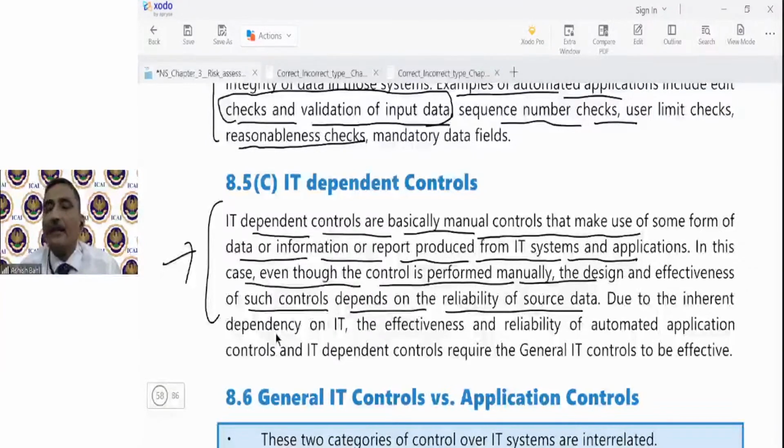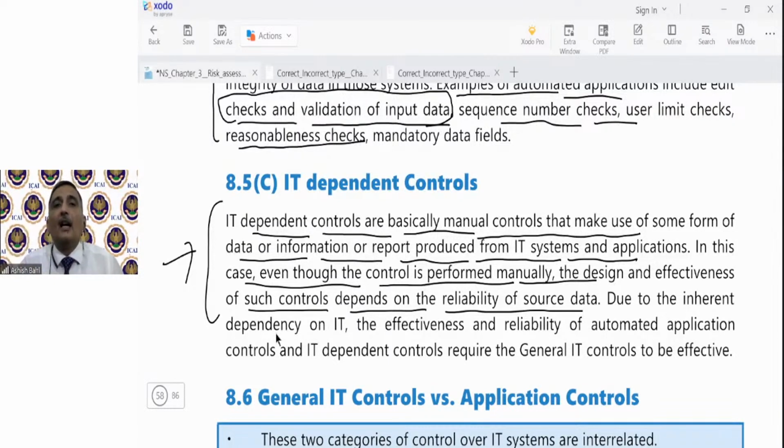And number three is IT dependent controls. IT dependent controls are those controls which are taken manually using the output generated by the IT system. Such type of controls are known as IT dependent controls.